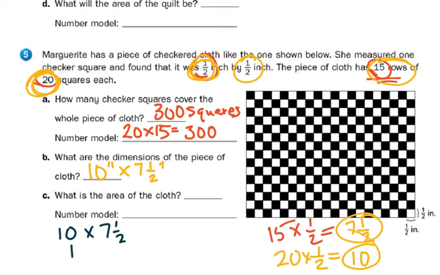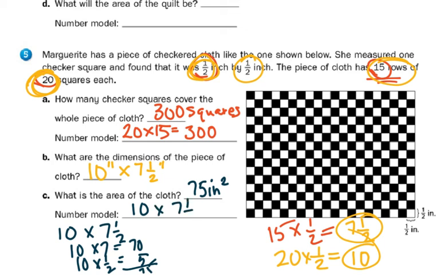So I have to take 10 times 7 and 10 times 1/2. So 10 times 7 is 70. What's half of 10? 5. Add those together. You get 75 inches squared. Ten times 7.5 equals 75 inches squared.